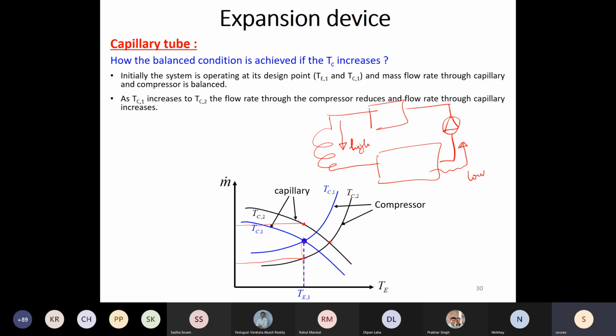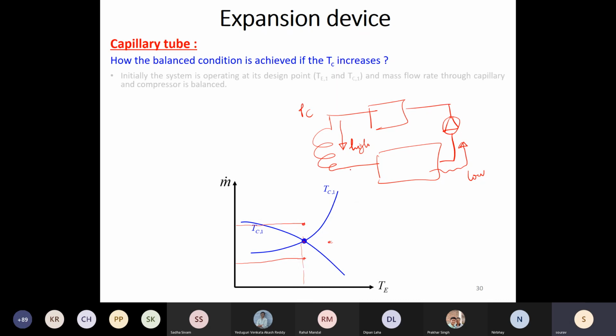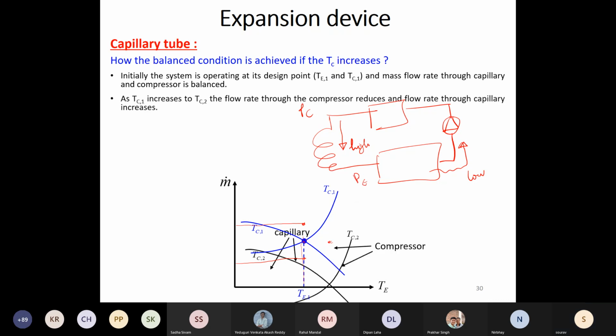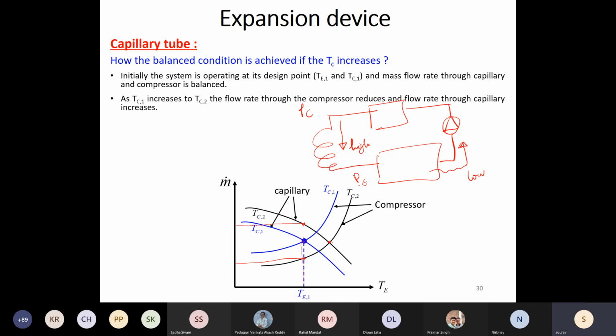Because the condensing temperature has risen, hence the condensing pressure has risen, and immediately your evaporator temperature will not go down. Your evaporator temperature is still the same. So the pressure difference across your capillary tube has increased. Hence, it will start to deliver more and more mass flow rate.